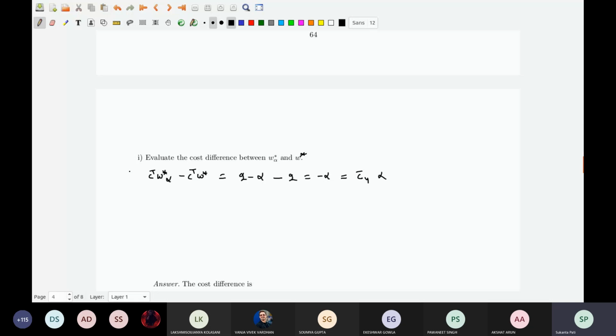I already know that C transpose X minus C transpose W star is actually nothing but C bar transpose X, right? You already know this one. This is the relative cost vector in that direction.